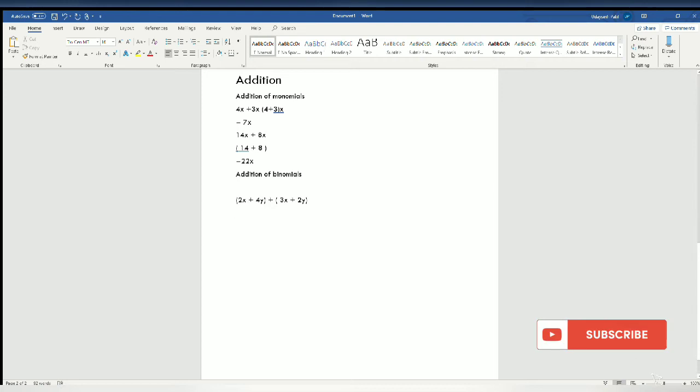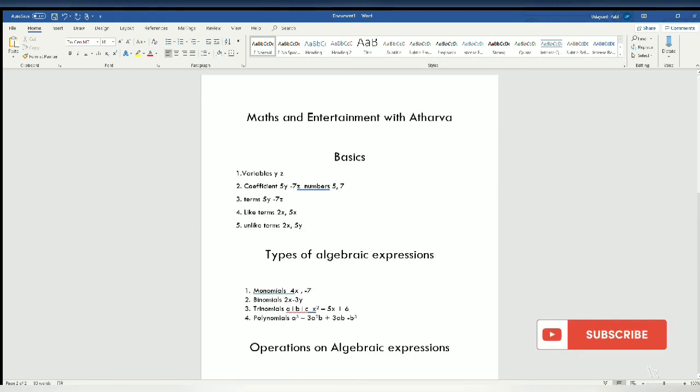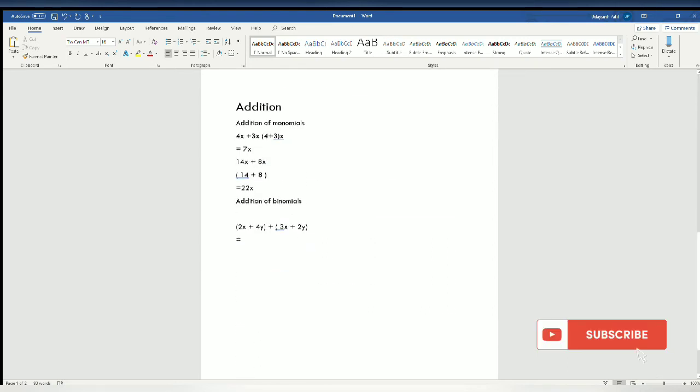Now in this we just have to take the like terms. If you have forgotten, like terms means the terms which have the same variables with the same powers. So here, 2x and 3x have the same variable and the same power.